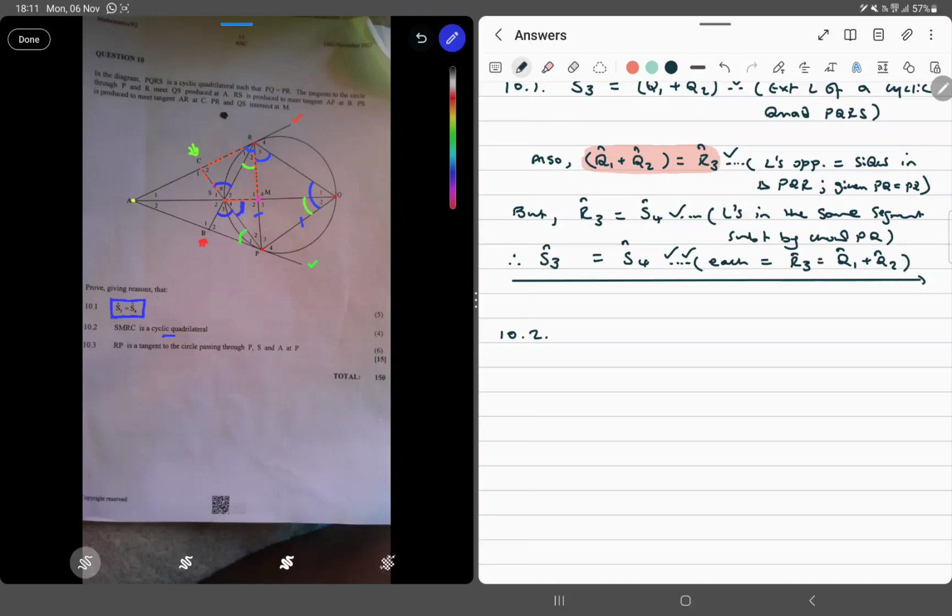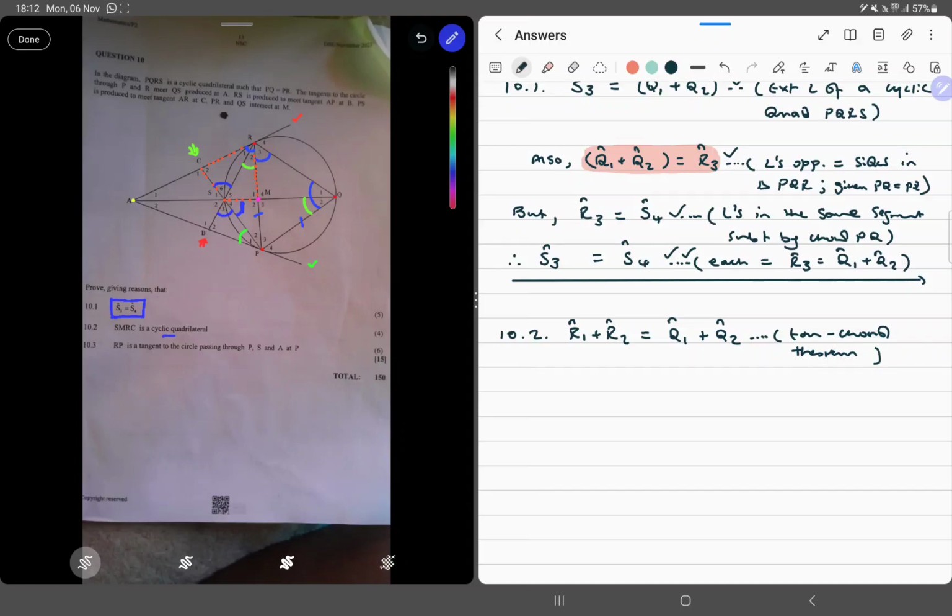Okay, so the best way to go about this one, we will say that R1 plus R2 is equal to angle Q1 plus angle Q2. Okay, what is the reason? This is the tan chord theorem.